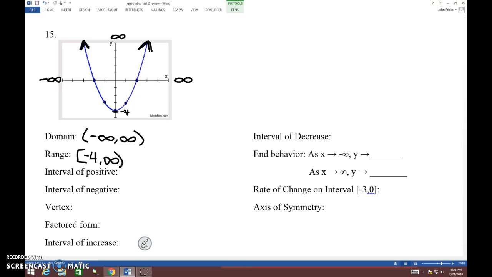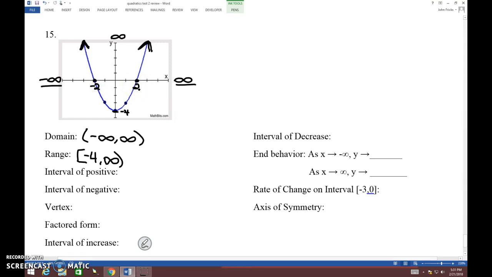Now, for positive and negative intervals, the way I look at that is I take my furthest it can go to the left, furthest it can go to the right, and then I focus in on these x-intercepts, which here are going to be located at negative 2 and at positive 2. And then I just look at those sections of the graph.